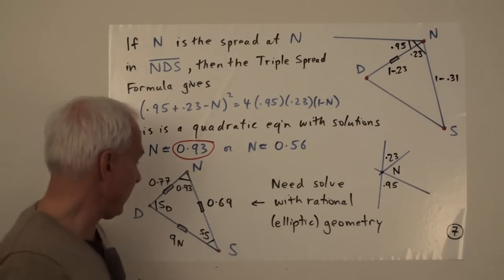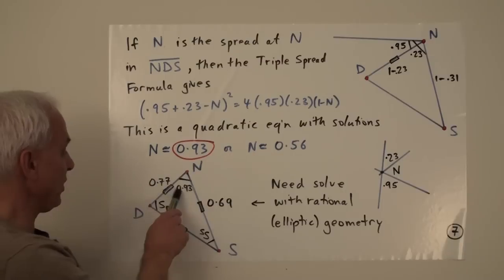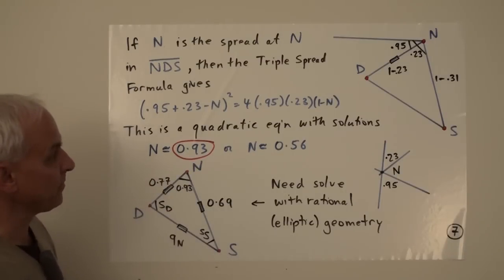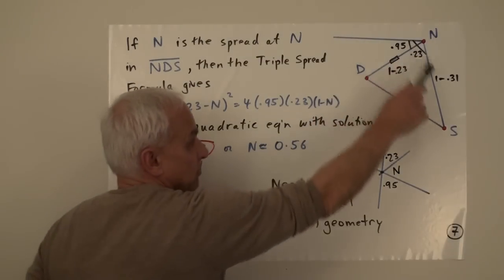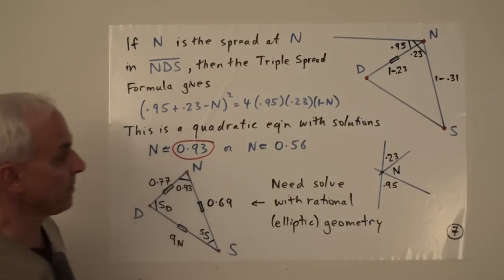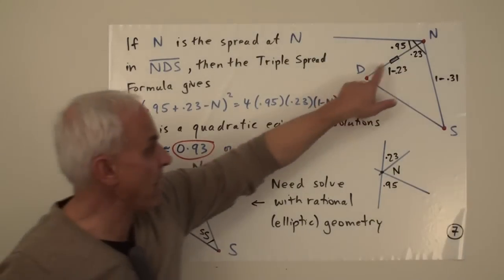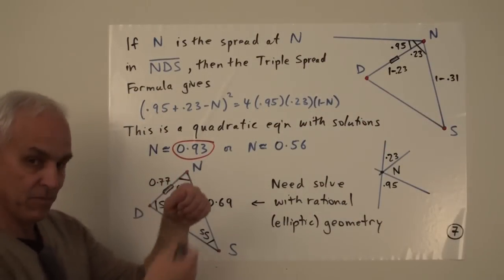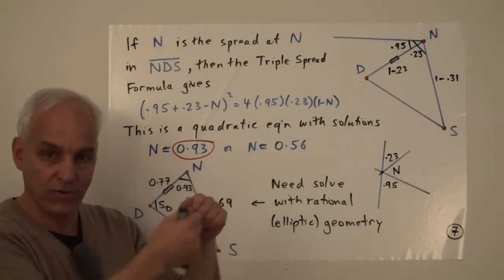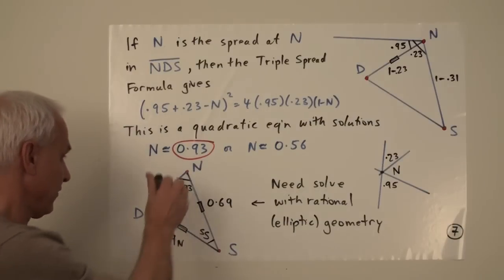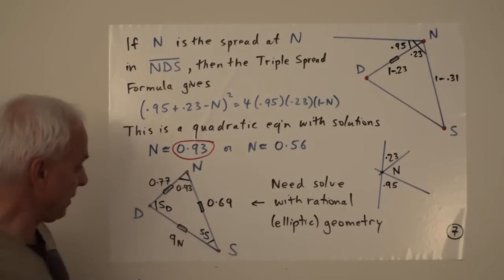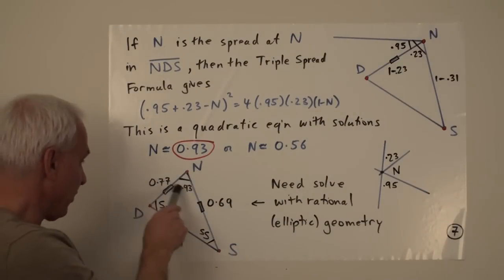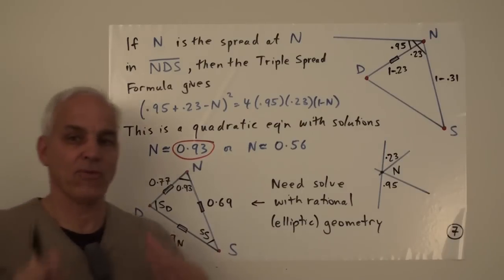So now we have the situation where we know this spread here is 0.93. We've converted these two by subtracting them from 1. So we have 1 minus 0.23 and 1 minus 0.31. Those are then the projective quadrances from the North Pole to Delhi and to Sydney. So those are now our 3 pieces of information from this rational point of view.